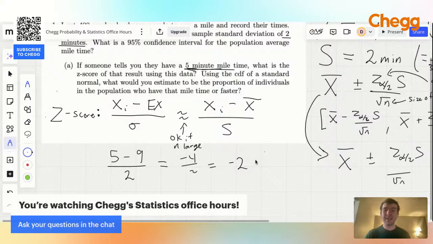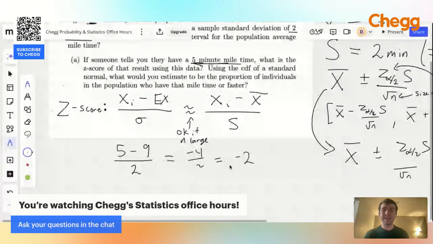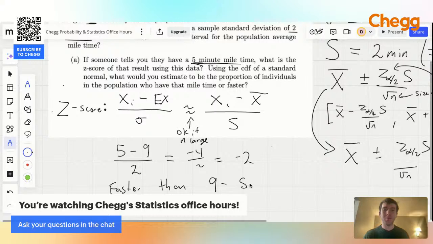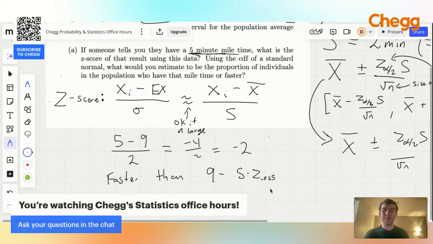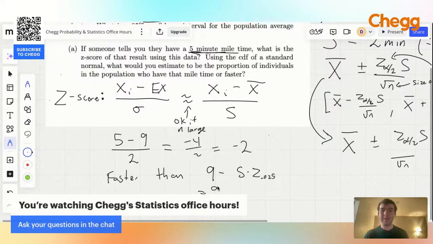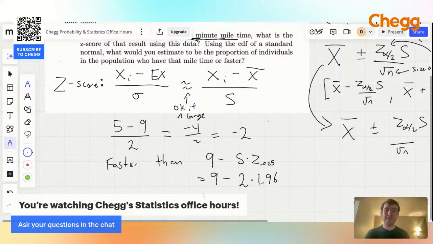Specifically, it's faster than 9 minus the sample standard deviation times z 0.025. 9 is the mean, the sample standard deviation is 2, and z 0.025 is 1.96, right?